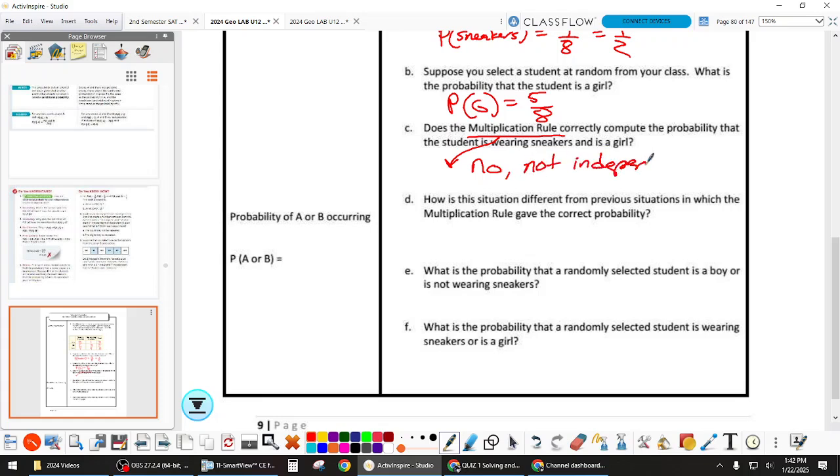Guys, being able to determine it's not independent, number one, that's really important. So make sure you're staying up on that. Number two, you can't always just eyeball it. So that's why we're going to talk test for independence tomorrow. Okay, how is this situation different from previous ones in which you could use the multiplication rule? What are we going to say there?